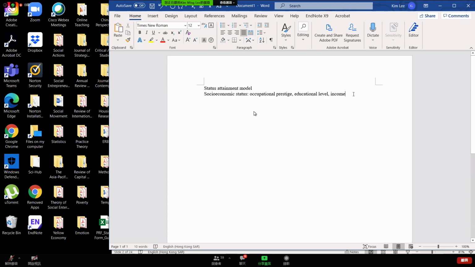In this case, we have a number of theoretical statements making up this status attainment model. For example, we can have father education, and then we have another variable, mother education. Maybe they all affect the respondent's educational level.